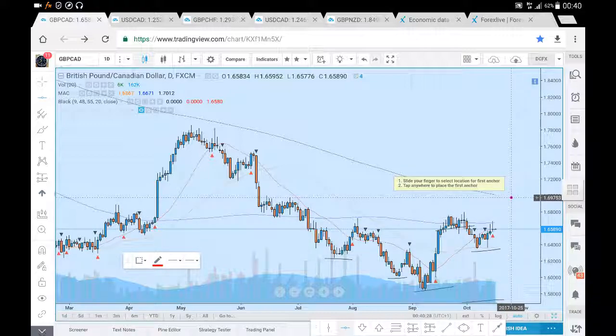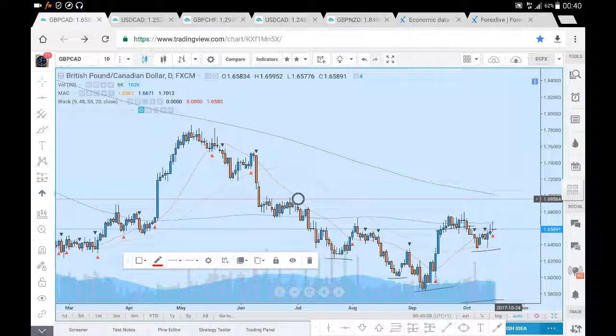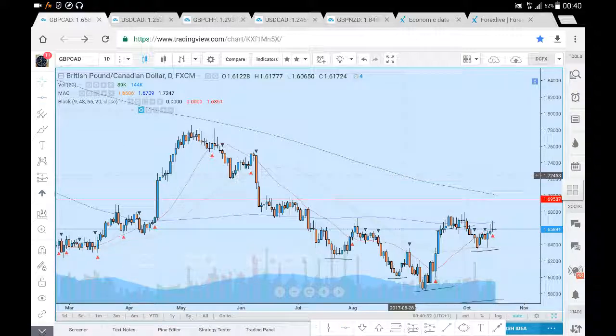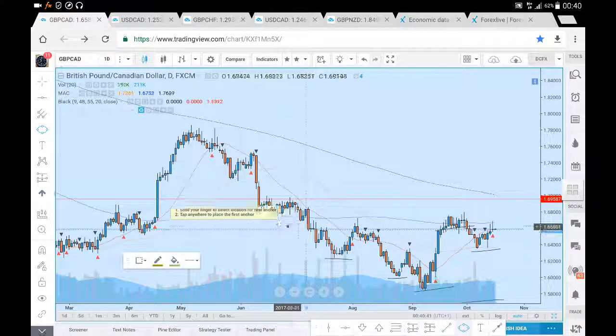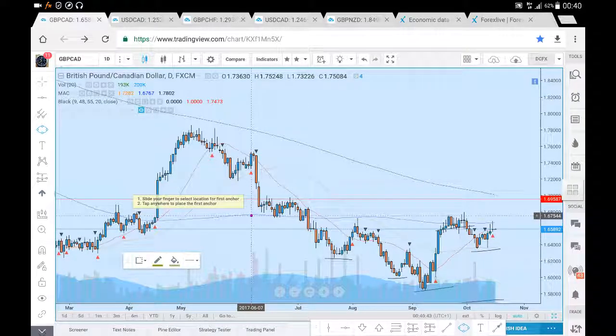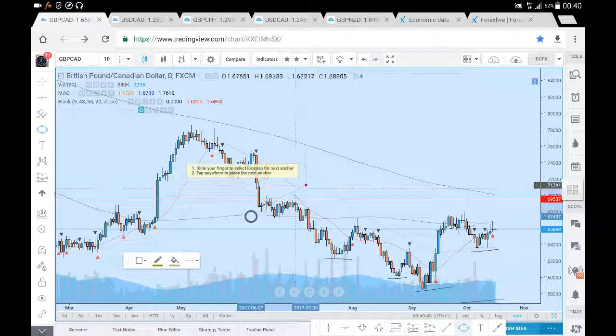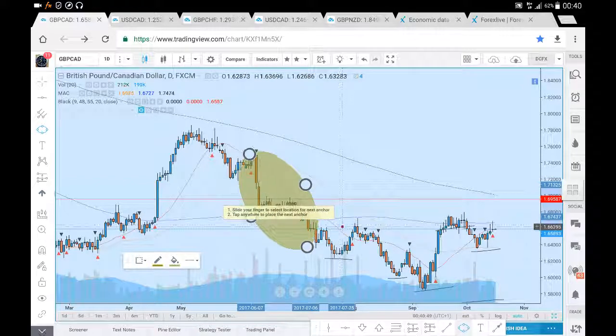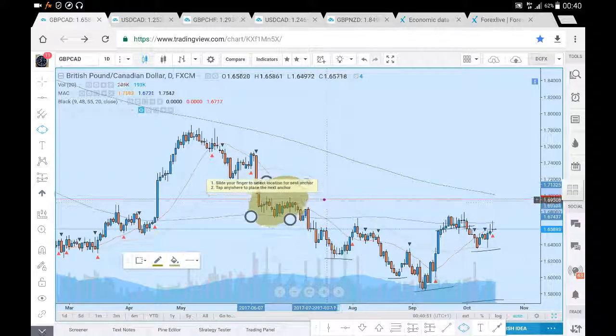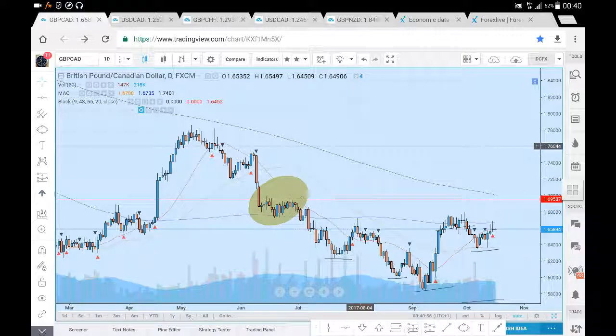Now we did have a bit of turbulence here up at 69.58, so we'll be looking at that region there. The reason we've got 69.58 marked out on the charts is primarily because of this region here, as put in with the ellipse.